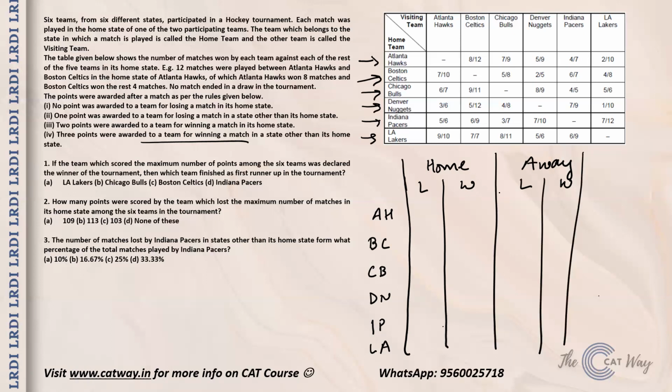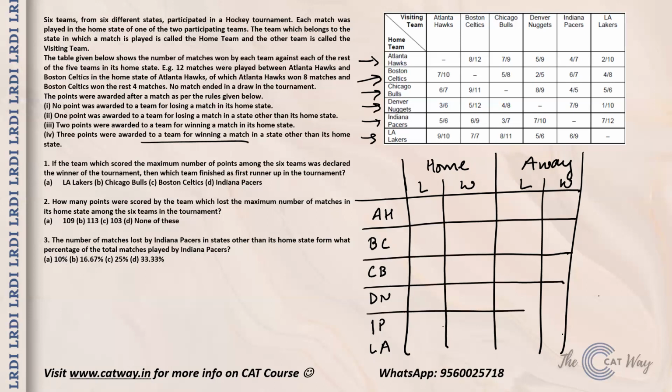Okay, so guys, let's calculate for Atlanta Hawks. Atlanta Hawks in its home has played 12 matches, out of which it won 8 matches. Achha, chalo, let's write how many they have played. 12 plus 9 is 21, 21 plus 9 is 30, and 30 plus 7 is 37, and total 47 matches they have played, right?